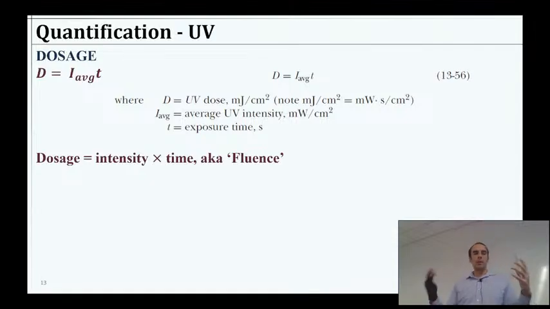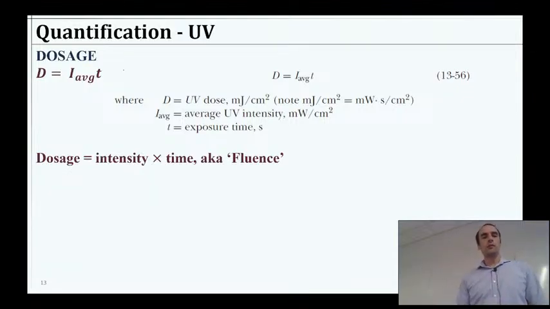Okay, just to elaborate just a tiny bit more on that dosage concept, to make it especially clear, we could say this is the intensity on average for the light times the time. Okay, that's just all spelled out here. And we could also take a look at the units here. Overall, we might call this dosage fluence. If you want to be technical about it, that's the amount of light per area per time.